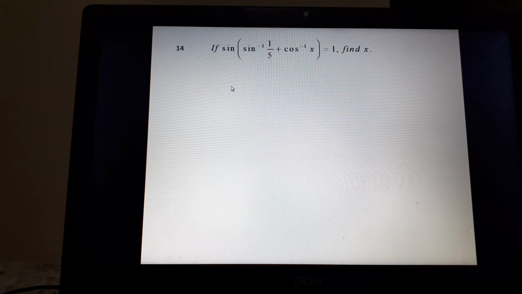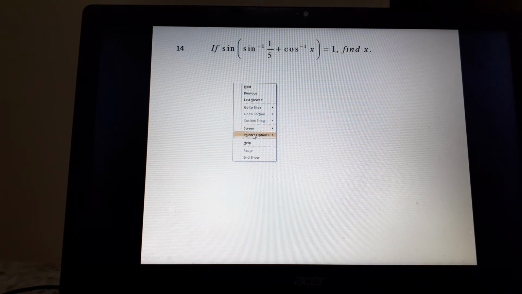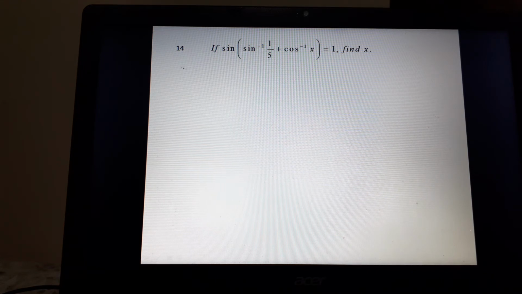This is also based on a formula. So let us solve it.